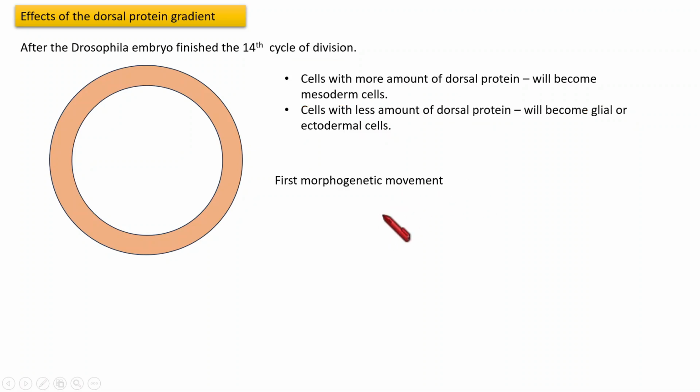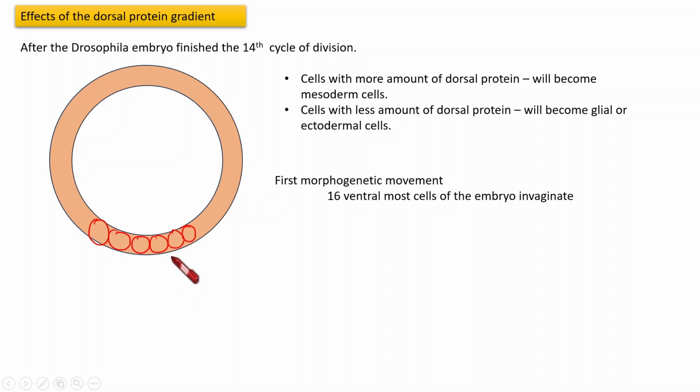So, I'm going to explain to you the first morphogenetic movement, that is the invagination of the ventralmost cells to form the mesoderm. I'm going to explain how that invagination happens. There are 16 ventralmost cells. It's not possible for me to draw and show all the 16 cells here.